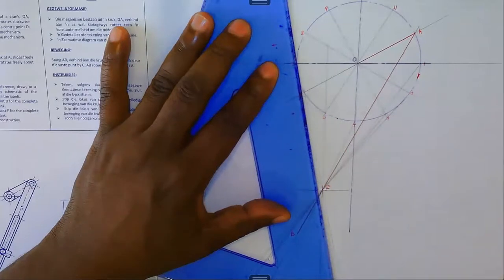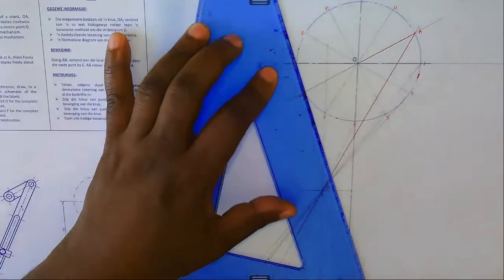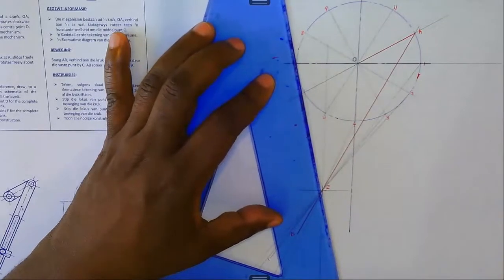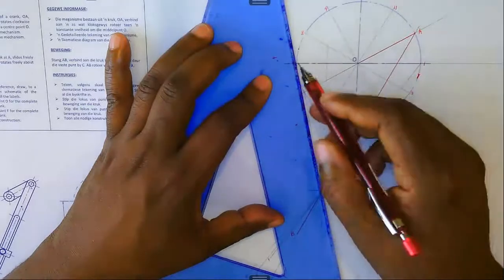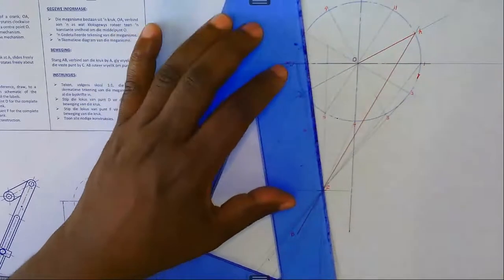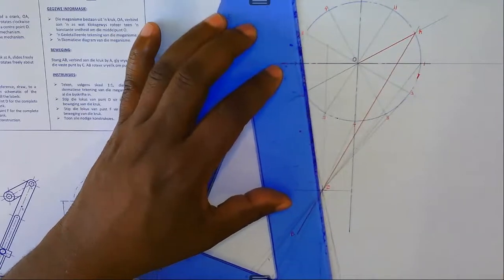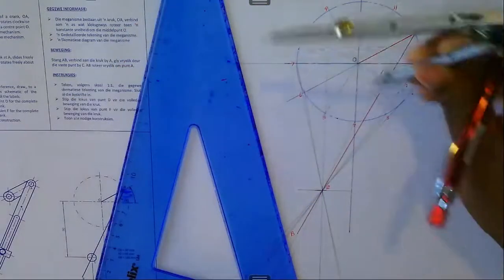That's 6. That's 7. Just define this point.